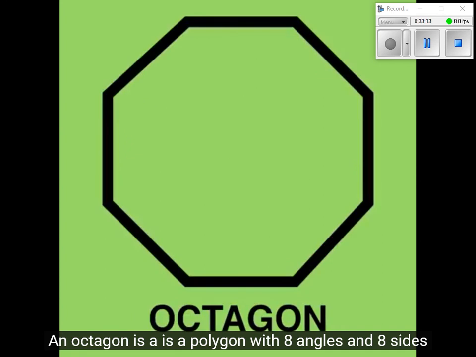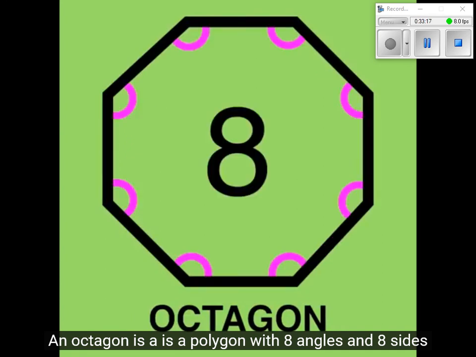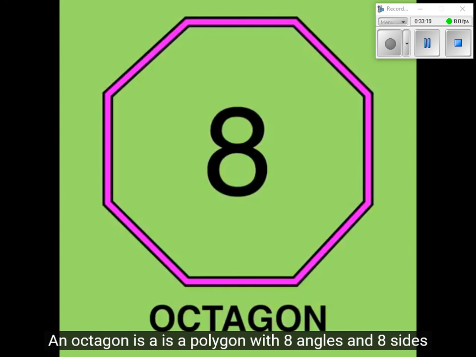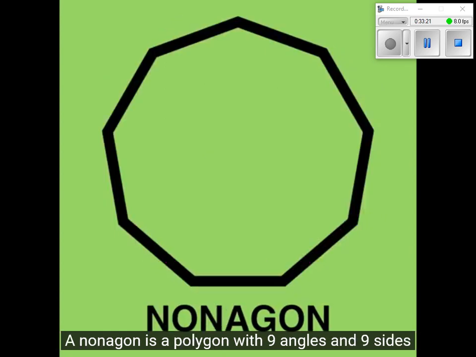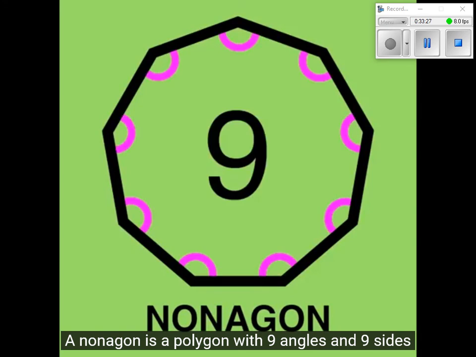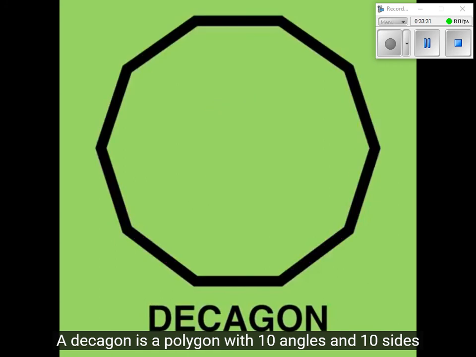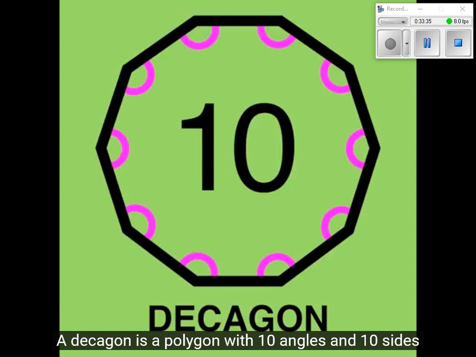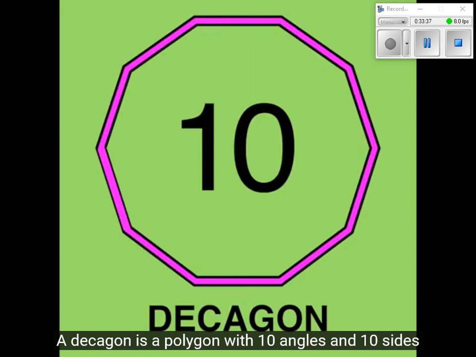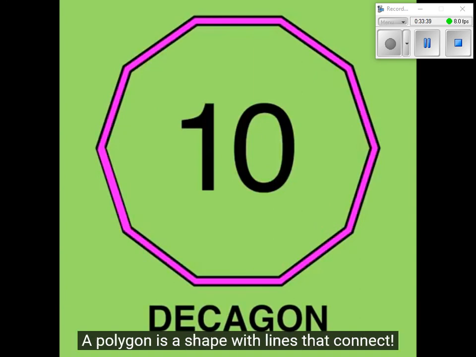An octagon is a polygon with eight angles, eight sides. A nonagon is a polygon with nine angles, nine sides. A decagon is a polygon with 10 angles, 10 sides.